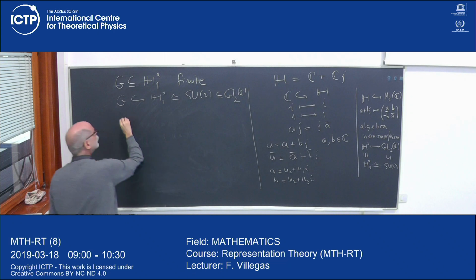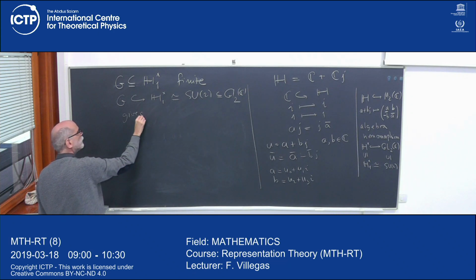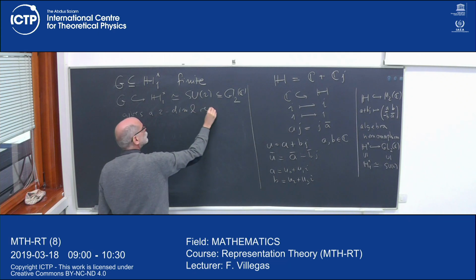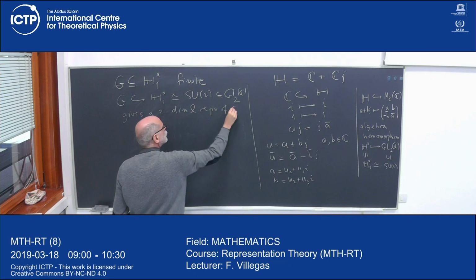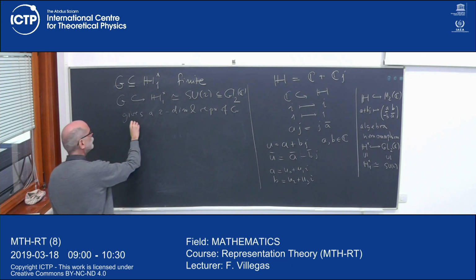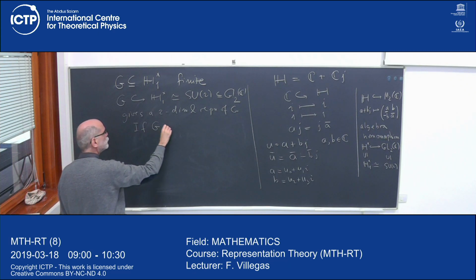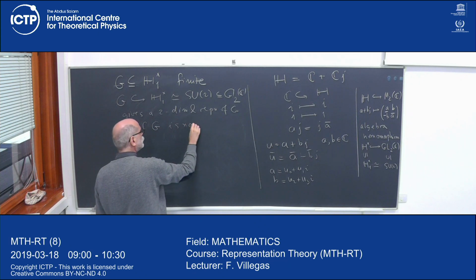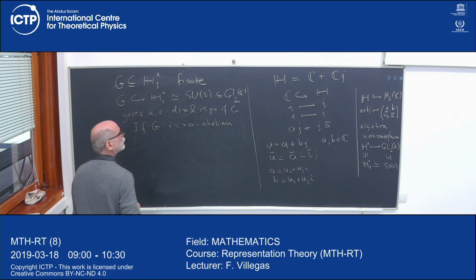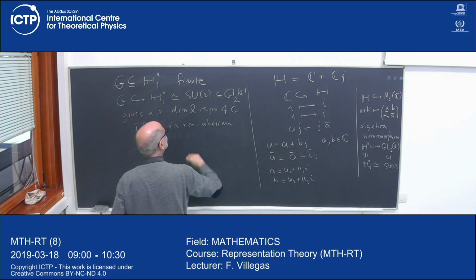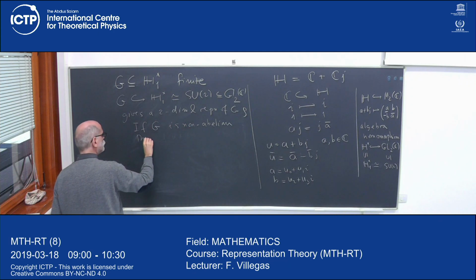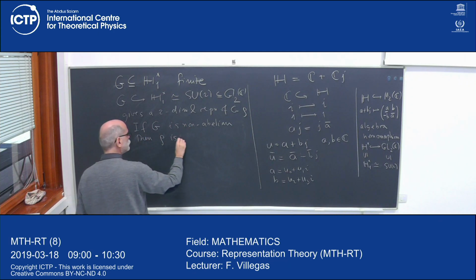So this gives a two-dimensional representation of G. And what we argued is that if G is non-abelian, let's call this representation rho, then rho is not real.